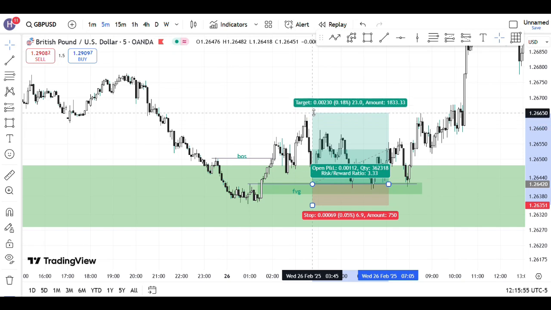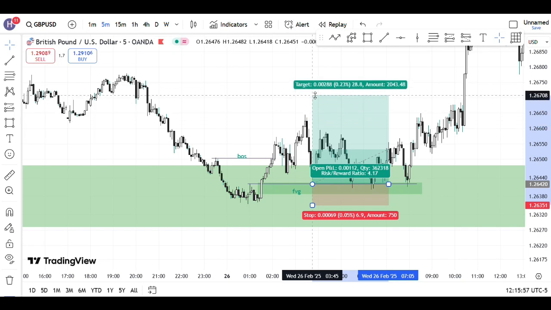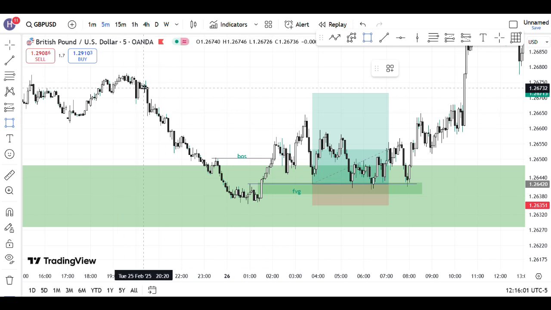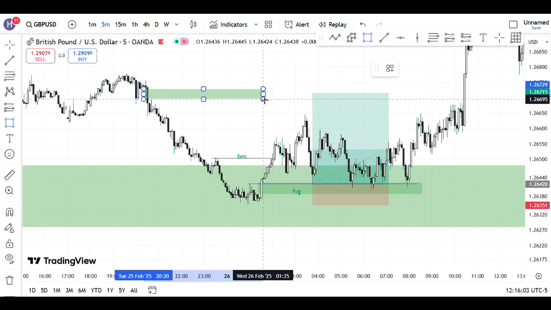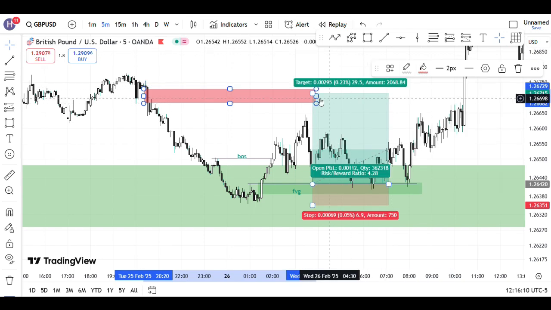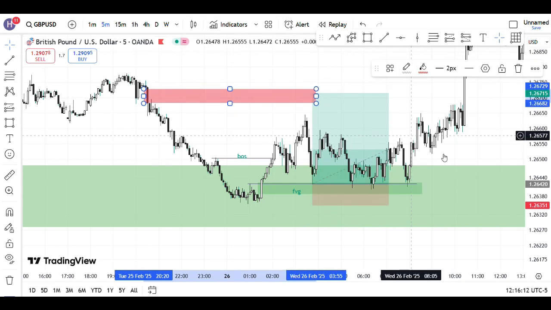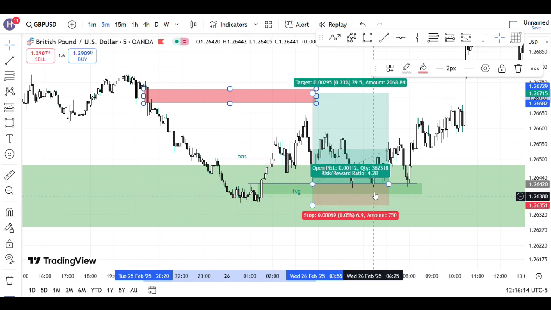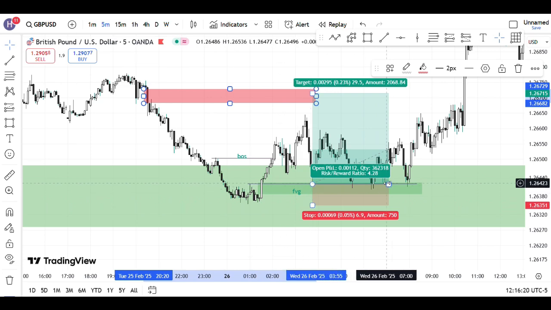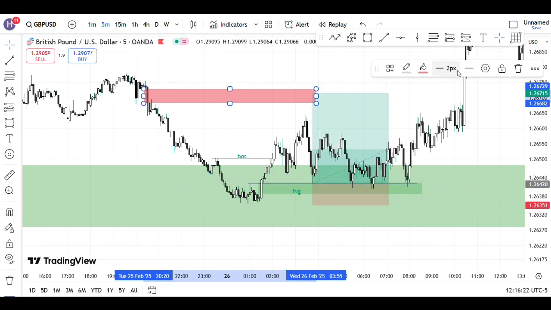So we can put it here a little bit more, and we can keep our profit to here. That is 50% of this fair value gap. That is the take profit area, 50% of this fair value gap. See the risk reward ratio, 1 to 4.28.